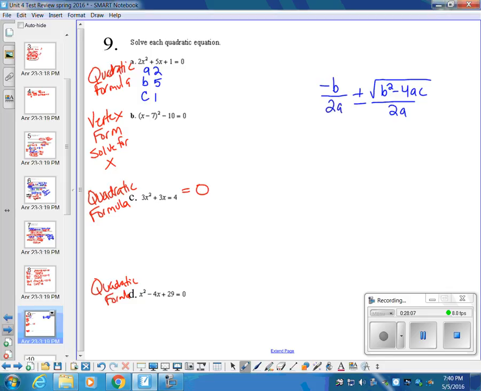Opposite of b, negative 5. 2 times 2. Plus or minus square root b squared is 25 minus 4ac over 4.